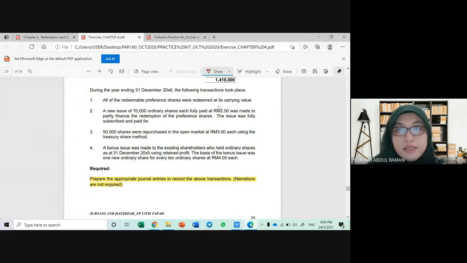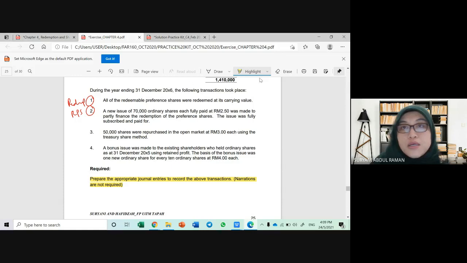Number 1 and number 2 actually represent the same transaction, that is redemption of redeemable preference shares. You can see here, this company wants to redeem all of its redeemable preference shares at its current value, and to finance it, the company will issue 70,000 ordinary shares at 2.50 ringgit.